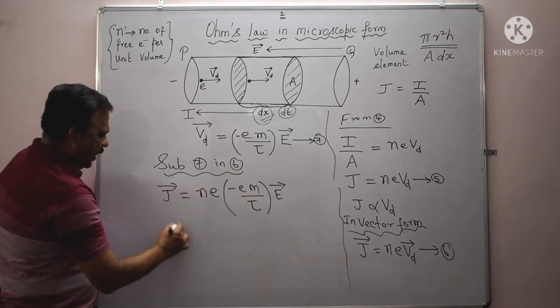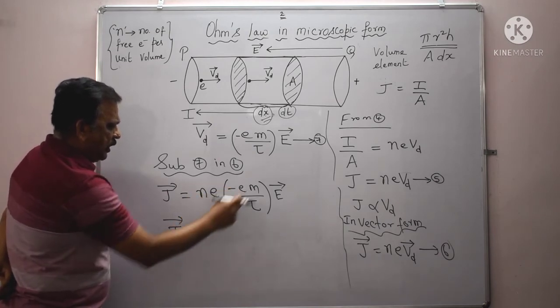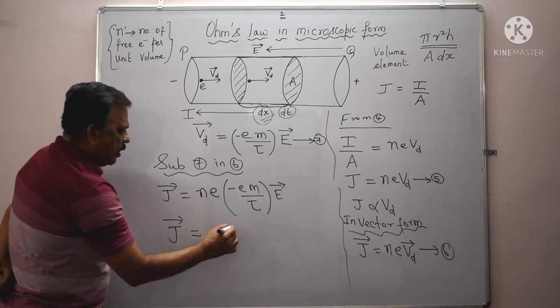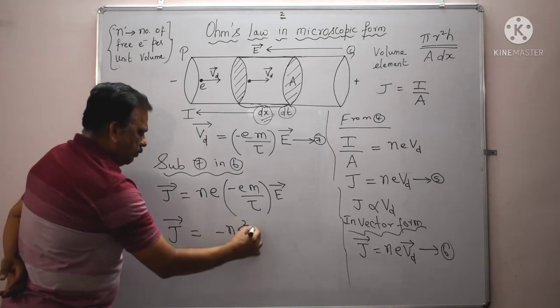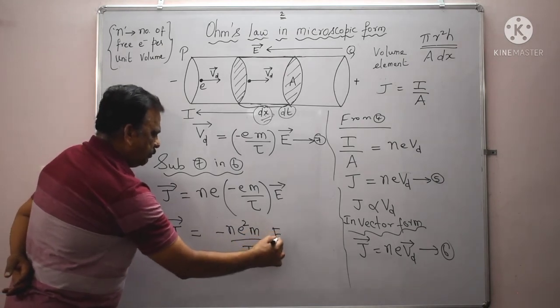So I get J vector is equal to n into e into minus e into m divided by tau, and these are all scalars. Let me simplify this. I end up with minus n e square m by tau into E vector.